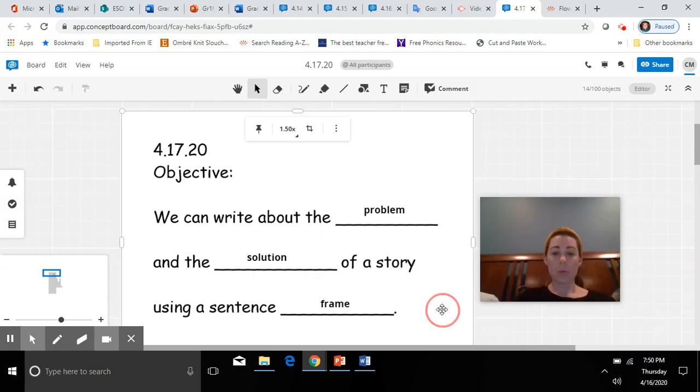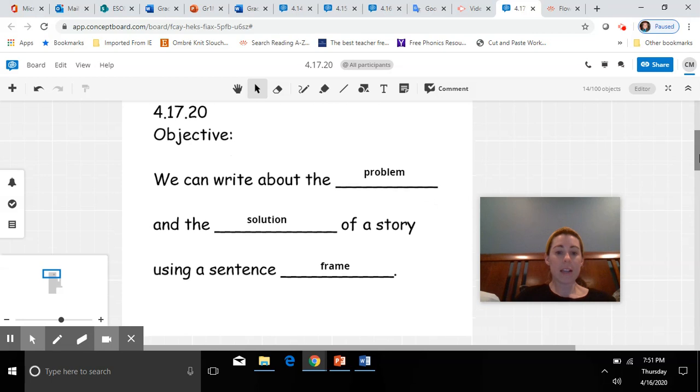Okay, so we already said a problem, un problema, is something that is not going well. The solution is how the character responds. What do they do because of the problem? And then we're going to use a sentence frame. A sentence frame is just a sentence starter, okay? So let's take a look.